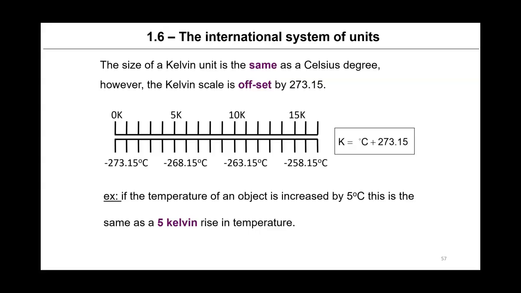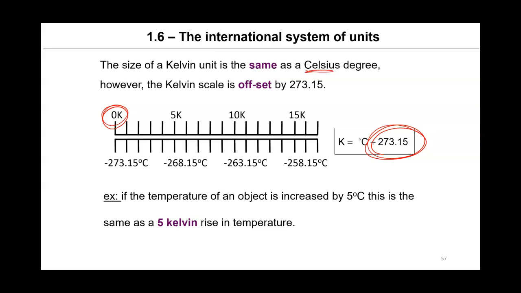The Kelvin scale works exactly the same way as the Celsius scale. It just has a different 0 point. The 0 point of the Kelvin scale is offset from the Celsius scale by 273.15 units.